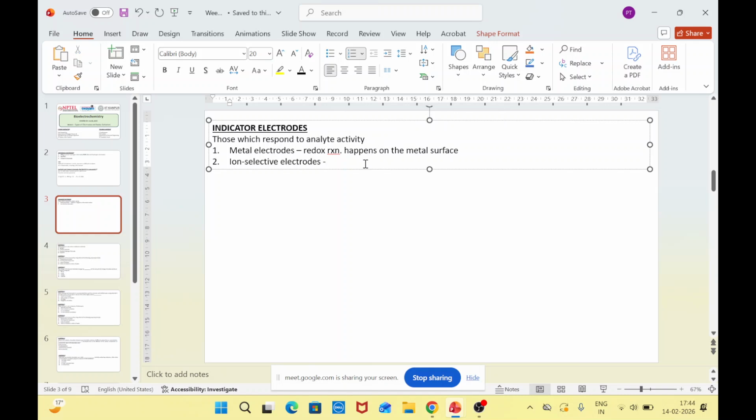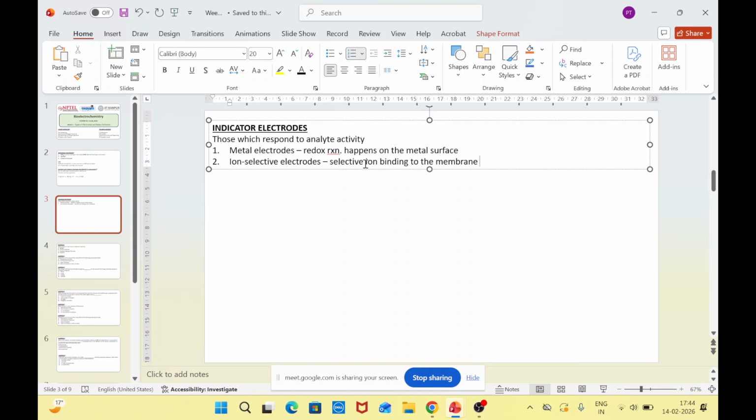Whereas in case of the ion selective electrodes, it is dependent on the selective ion binding to the membrane. Here, selective ions bind to that membrane.